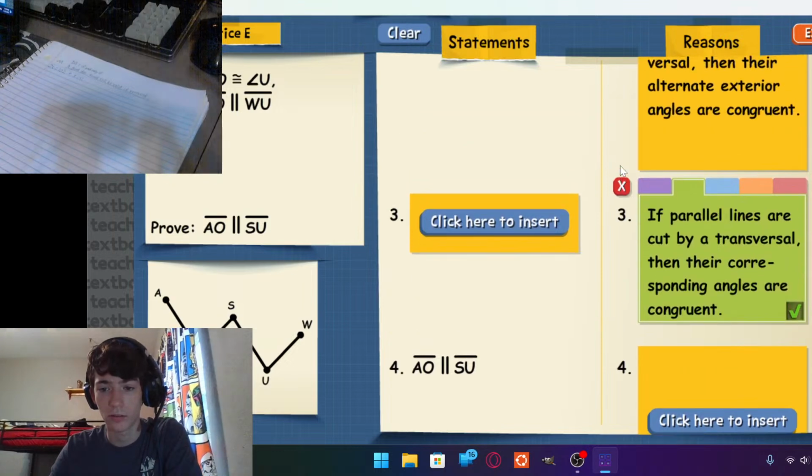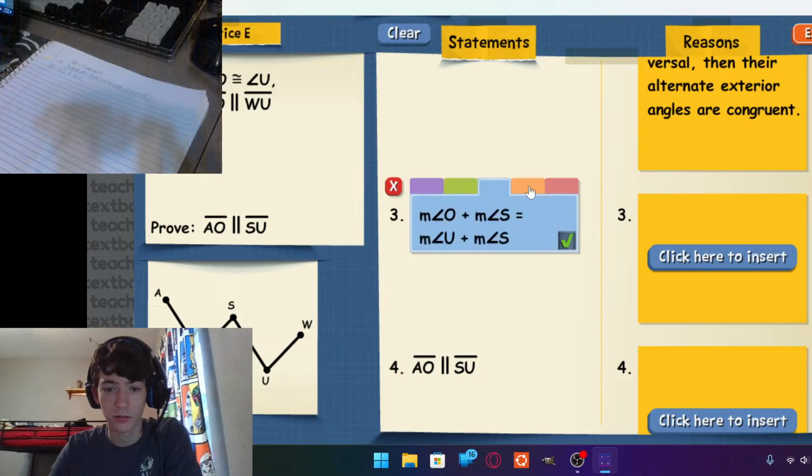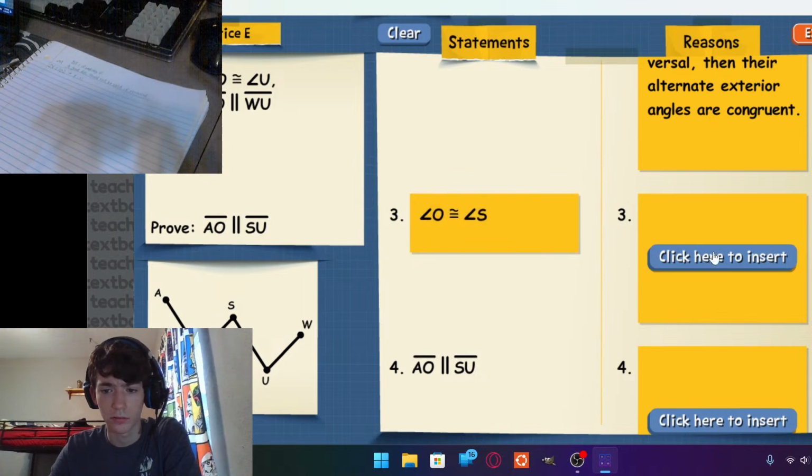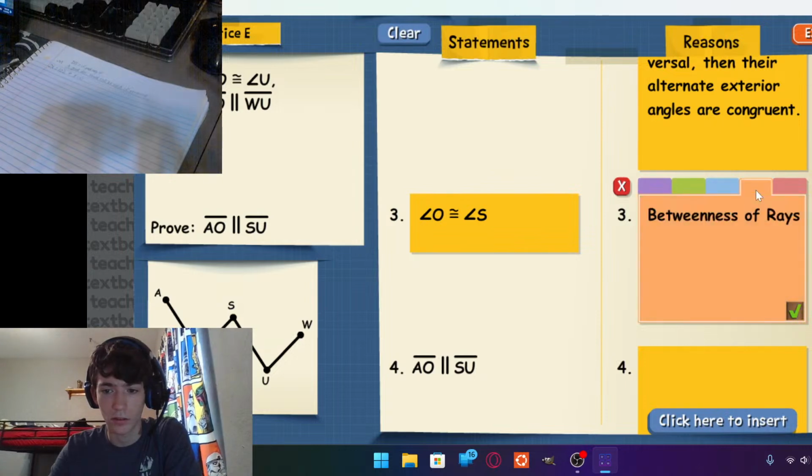Okay. So it's all about angles in the answer. So I'm thinking maybe this. And then, betweenness of rays.